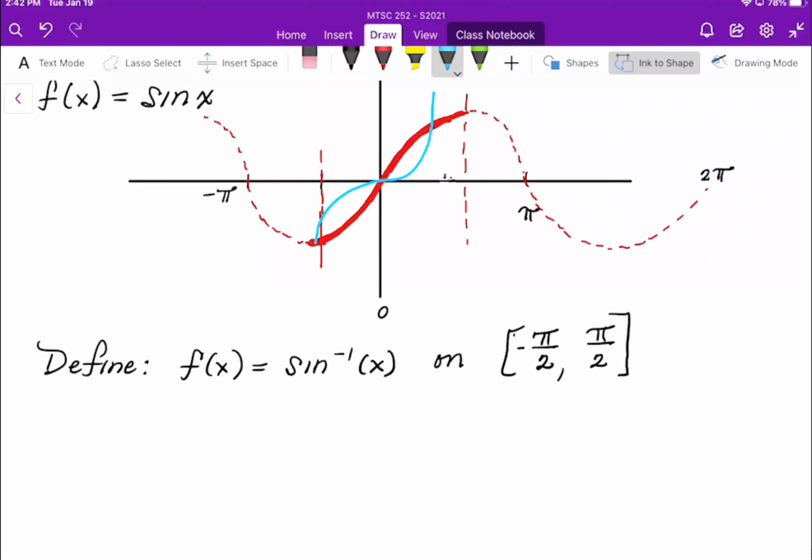Oh, that's wrong. That's right. So its inverse function, this right here, the blue line, is the sine inverse function.